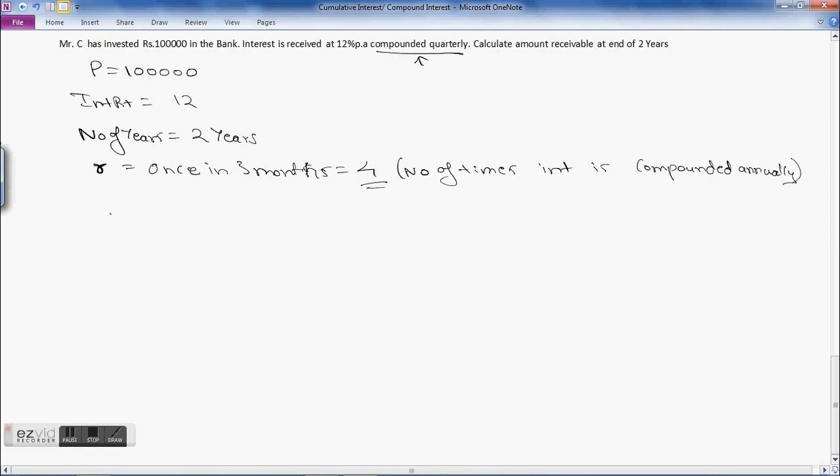Now let's see what is the formula. Our normal formula, when the interest is compounded annually, what is that?